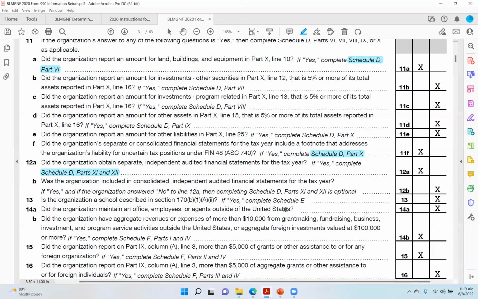So that is a red flag that I documented. 14A, that answer should have been yes, because they do maintain an office and employees and agents outside of the United States in Canada. 14B, did the organization have aggregate revenues or expenses of more than $10,000 from grant writing? Yes, 14B is yes. And so we need to find Schedule F, parts 1 and 4.